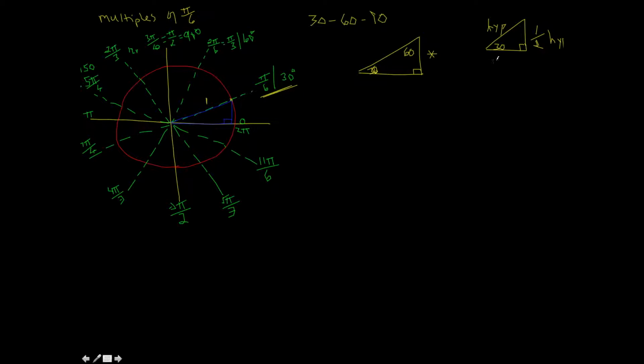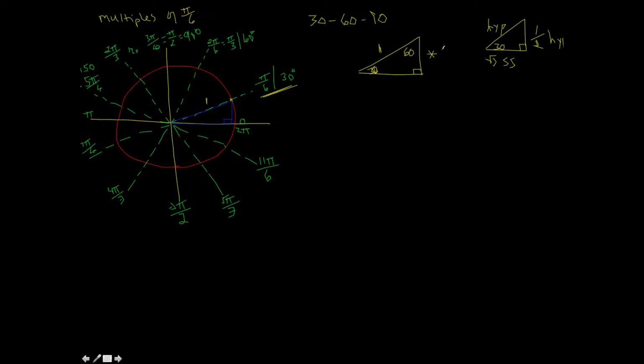The long side is going to be square root of 3 times the short side. Now, these are rules from geometry, so that's why I'm just giving them to you at this point. But that means if we know that this hypotenuse is 1, then what does the short side have to be?